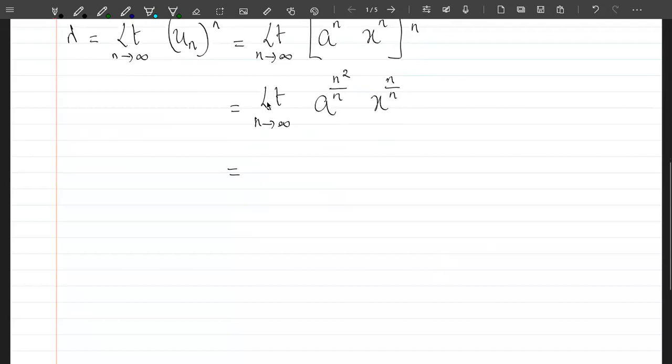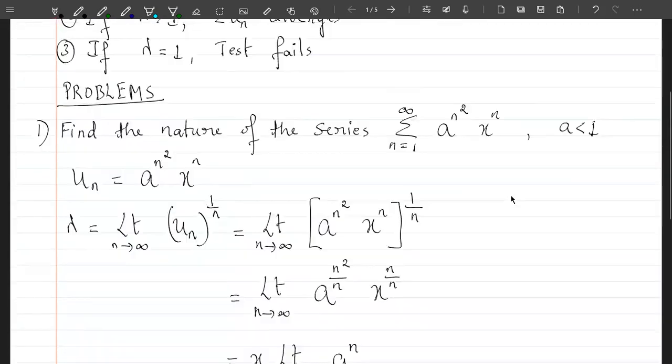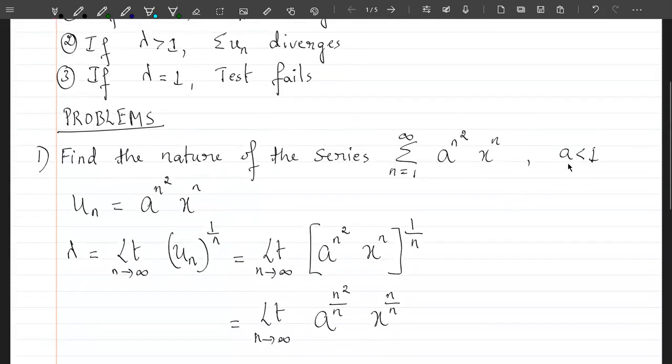X power 1 can be taken out of this limit because the limit is for variable n here. So x will come out. You get limit n tending to infinity a to the power n square by n, that is equal to a power n.